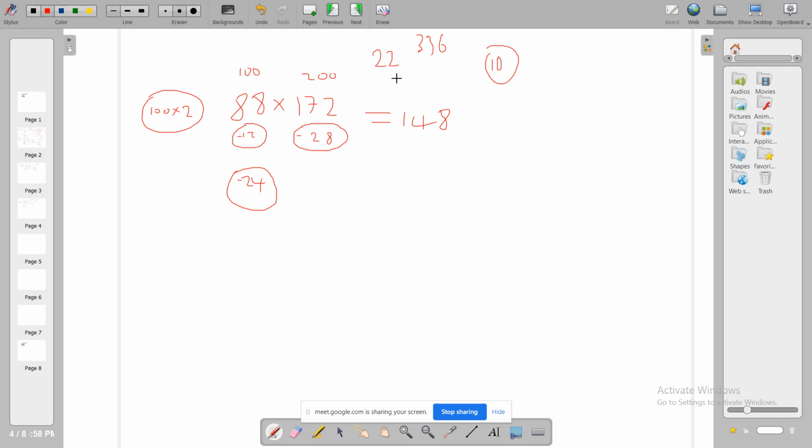I can decide to break this one: 10 plus 2. Times 28. 10 times 28 is 280. Then you do this one, plus 2 times 28, is what?